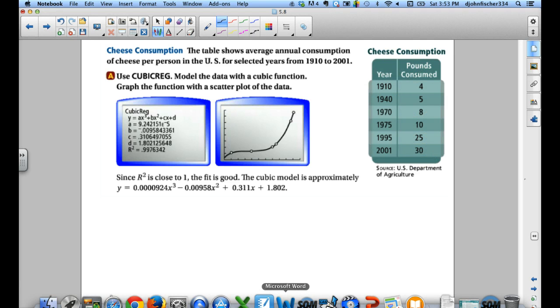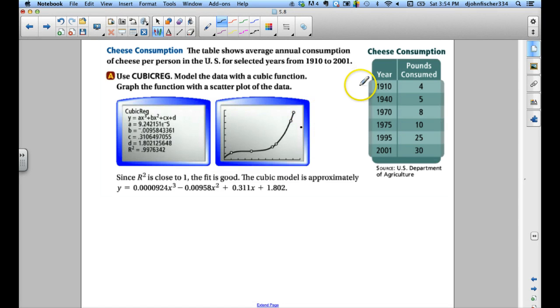Now if you want to know how to do that, instead of using the year, we're just going to use, let's say, 1900 is 0. So this would be 10 years later, this would be 40, this would be 70, 75, 95, and 101.